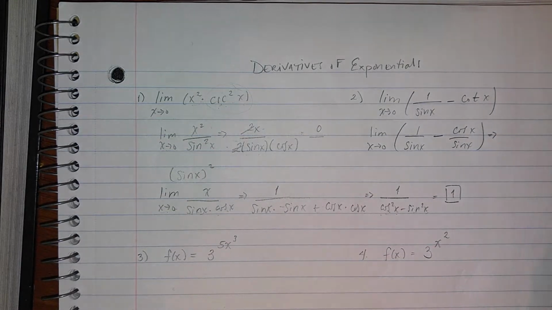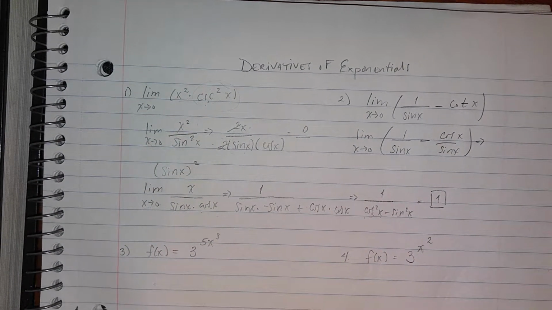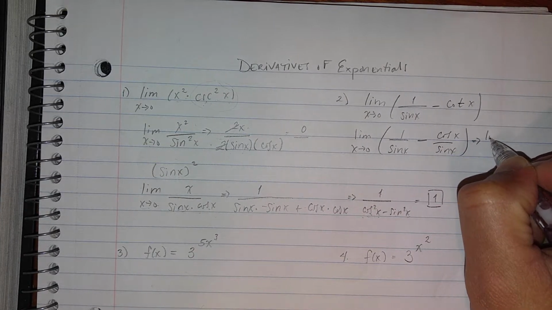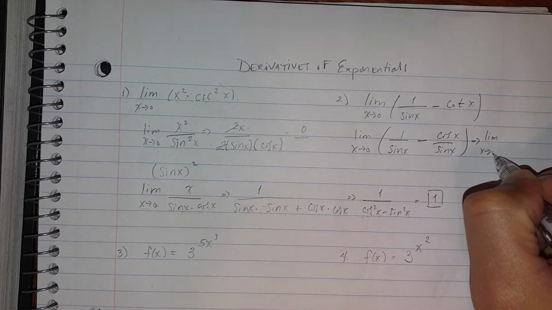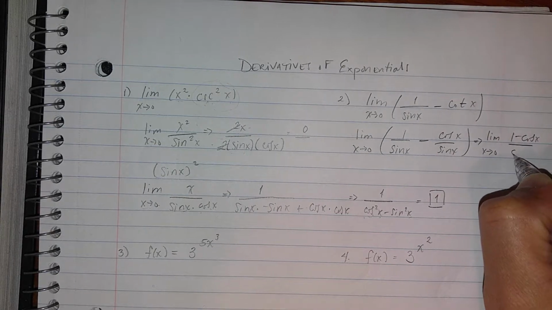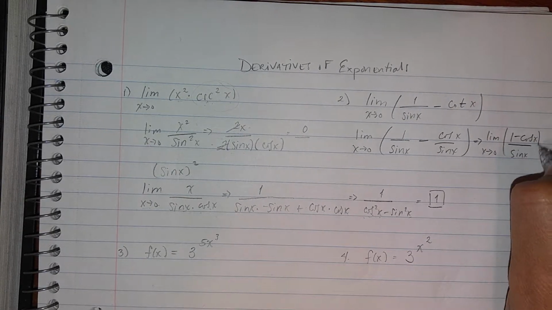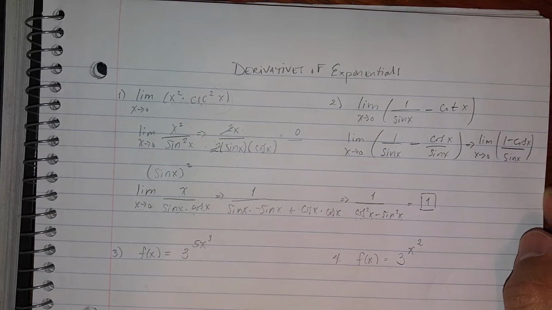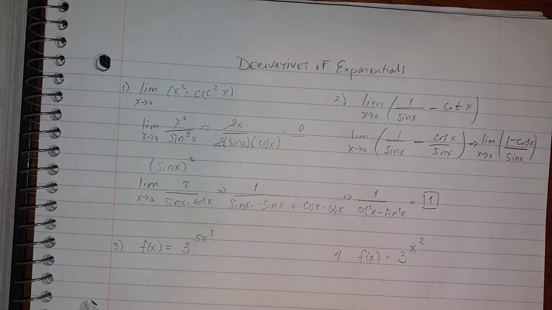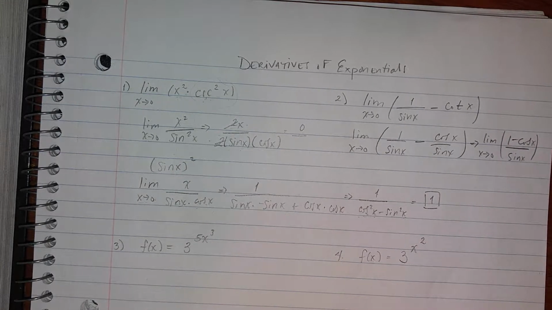Let me make some room here. I'm going to have the limit as x approaches 0 of 1 minus cosine of x divided by sine of x. Now that that's simplified, I can plug in my 0. Cosine of 0 is 1. 1 minus 1, I get 0 over 0, indeterminate.